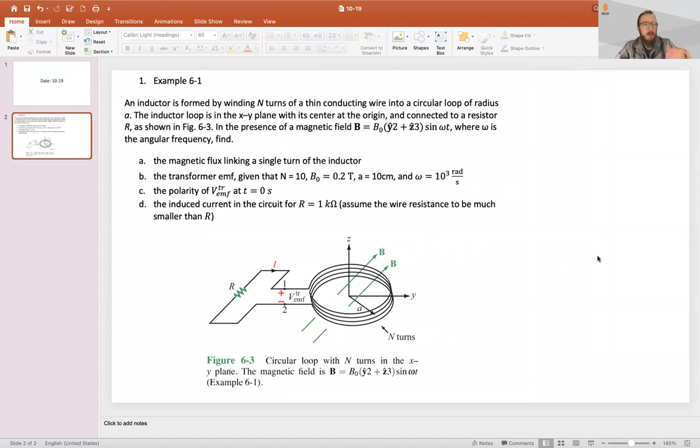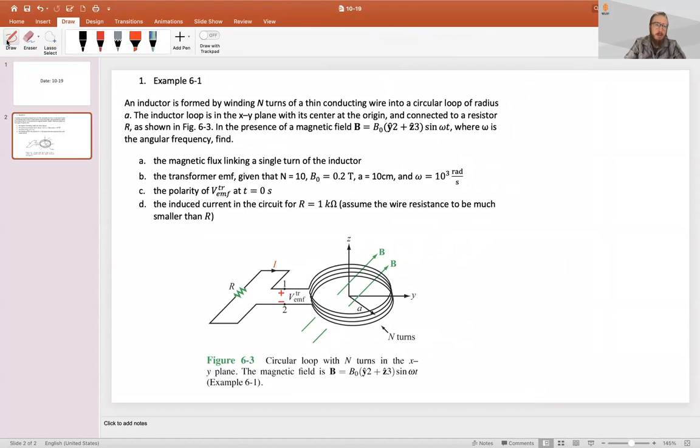Okay, so we have an inductor that's formed by winding N turns of a thin conducting wire into a circular loop of radius a. So that's what's shown in this drawing, right? So we can imagine that this wraps around N times.